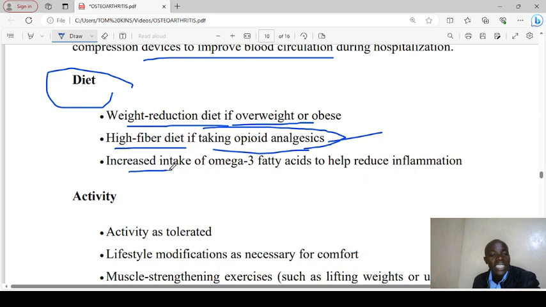Also, you need to increase intake of omega-3 fatty acids, and the reason is you want to help them reduce inflammation. Remember, in stage 3, inflammation sets in, as much as it is a degenerative joint disease. A degenerative joint disease normally ends up in inflammation.